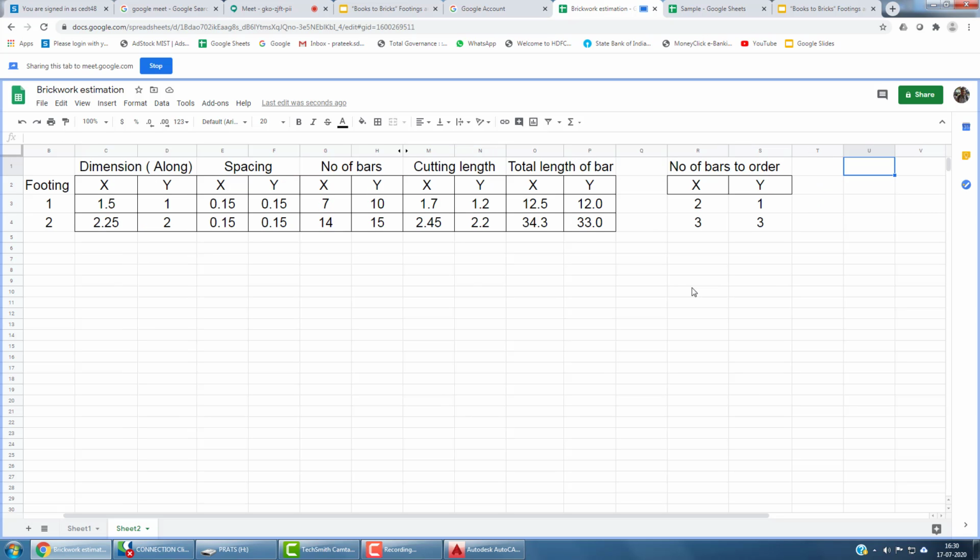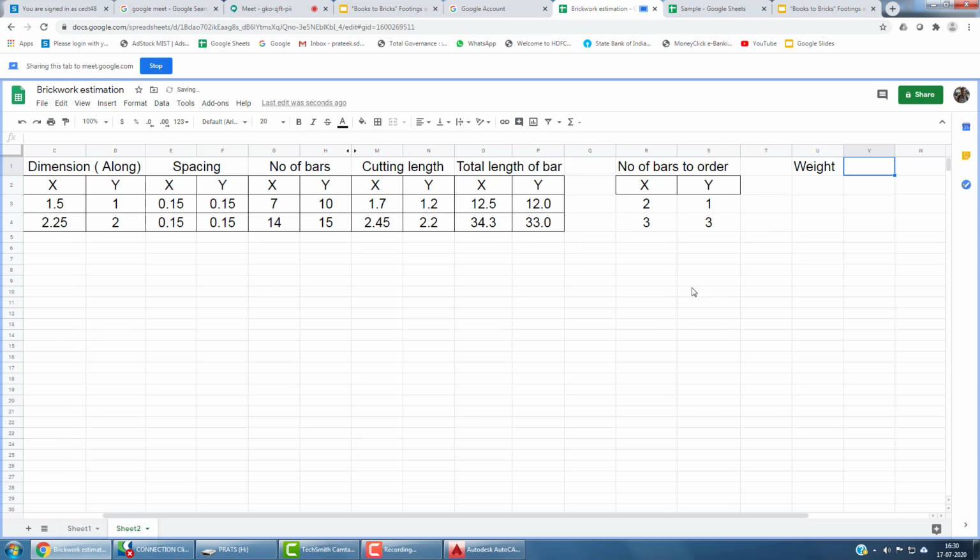Okay. Now let us calculate the weight in both x and y direction. Why I am calculating everything individually is the diameter in x and y direction can be different. Correct?